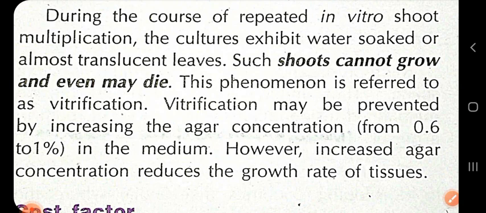But at the same time, more agar concentration means more solidifying of the medium. Thus, the explants will find it difficult to absorb the nutrients found in the culture medium, so it will reduce the growth rate of tissues. So everything has advantages and disadvantages, as I have said.